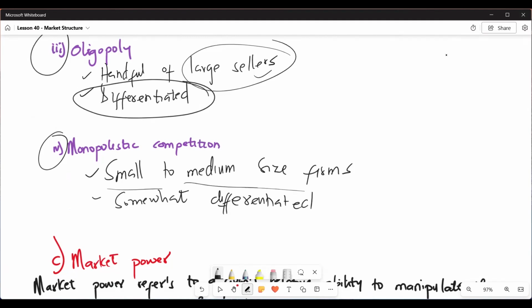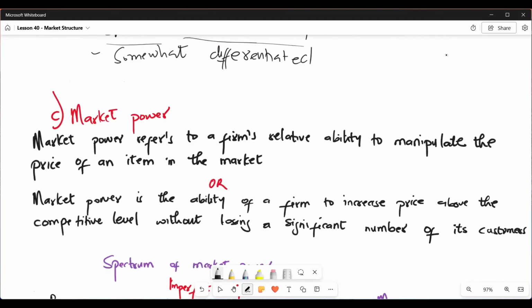Now we can see from what we have discussed that there is a trend here. Market power increases from one market structure to another. Now, let's look at what we mean by market power first, and then we will look at the spectrum of market power.